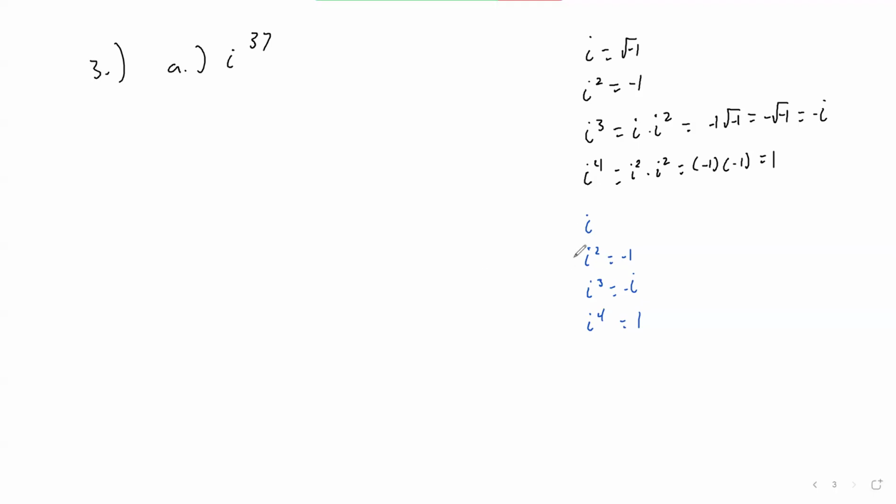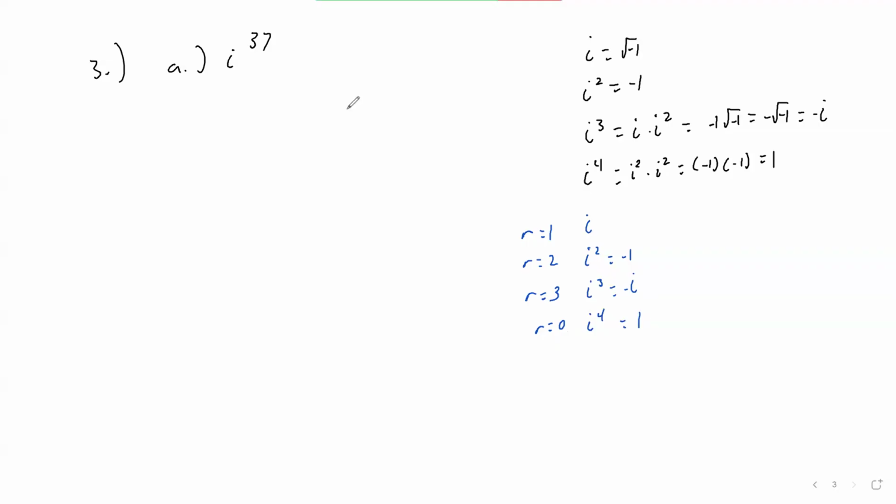If it goes into it evenly, so 4 times, right, the answer would be here. So if it goes into it evenly, my remainder would be 0. If it has a remainder of 1, then the answer is back to i. If it has a remainder of 2, then the answer is negative 1. If it has a remainder of 3, then it has negative i as the answer. And if it's no remainder, it would be 1.